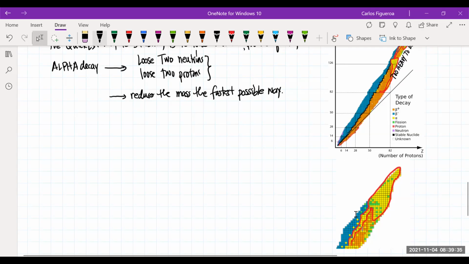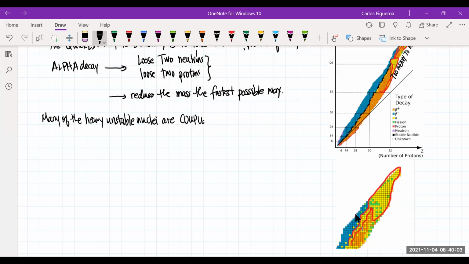Many of the heavy unstable nuclei are coupled with alpha and beta decays.